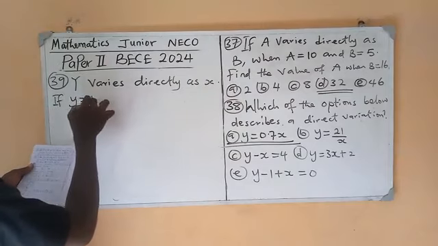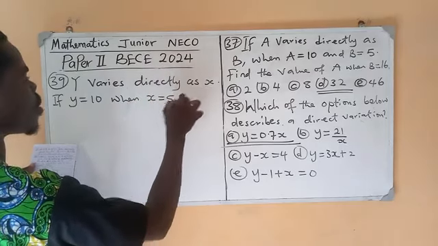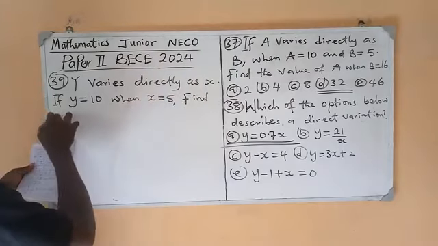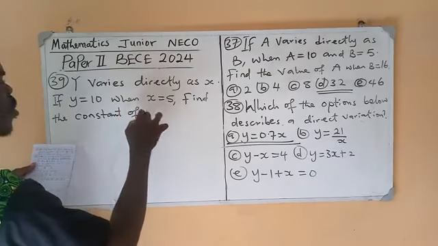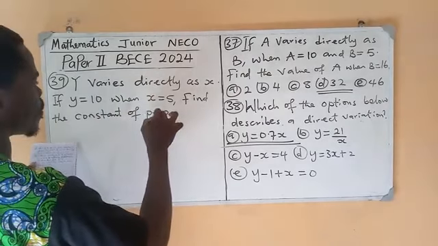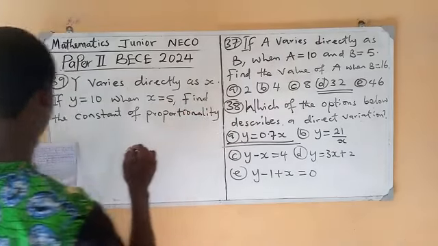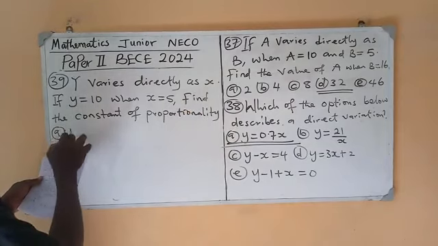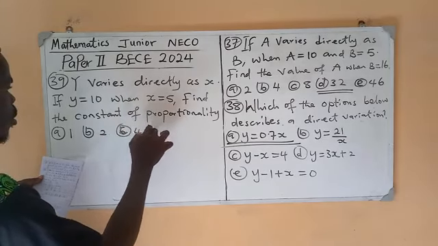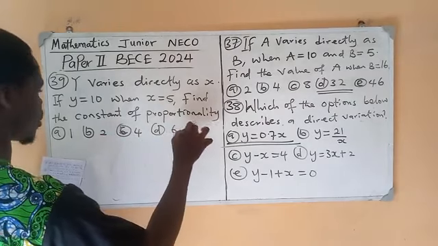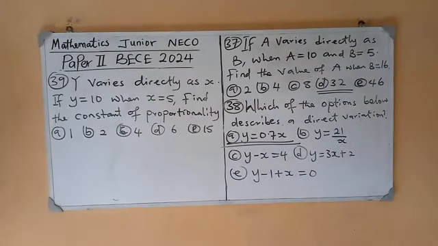If y is equal to 10 when x is 5, find the constant of proportionality. The options given are 1, 2, 4, 6, and 15.